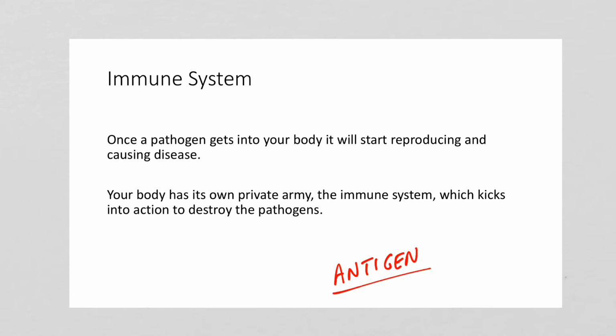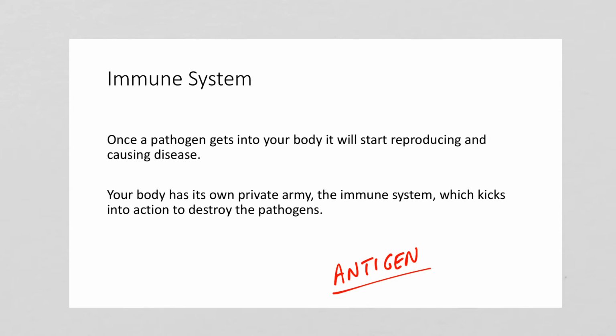The antigens are the structures that are on the outside of the cells. So your immune system, as it's going through, is going to be checking all of the cells, and the cells that make up your own body are going to have specific antigens on them, and the immune system is going to know that that's part of its body, so they're going to leave those alone. If that doesn't happen, you get really nasty autoimmune diseases, and that's where the immune system starts attacking the body itself because it's not recognizing the antigens.